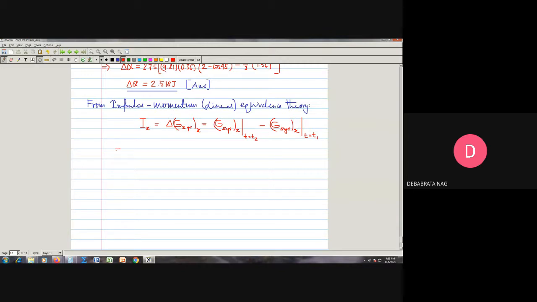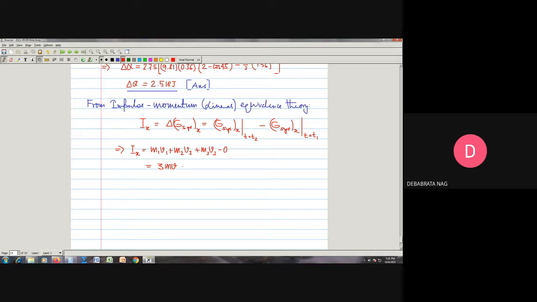So we note from here that initially we don't have any linear momentum because everything was at rest. But finally we see that all the masses have the same velocities. So actually this is m1 v1 plus m2 v2 plus m3 v3 minus 0, and since all masses are equal and all velocities are equal, it is 3 mv.